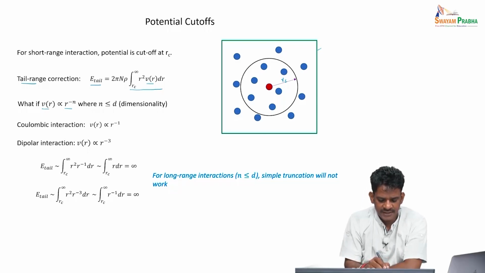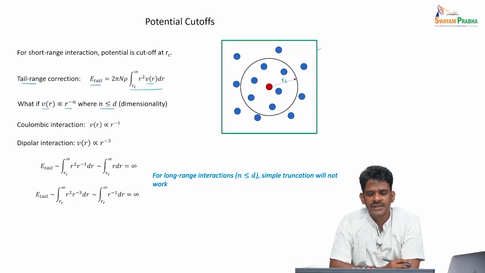If n is less than or equal to the dimensionality of the system, for instance if you are doing 3D simulations n is less than or equal to 3, then this kind of integral will not converge. That means we won't be able to add a tail correction for long range interactions.